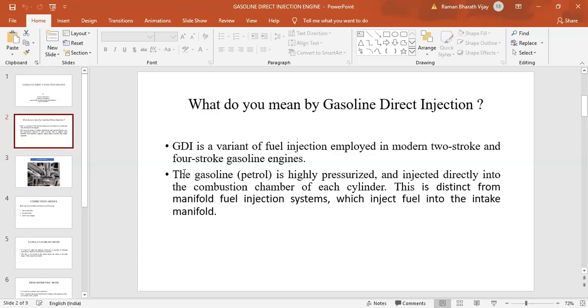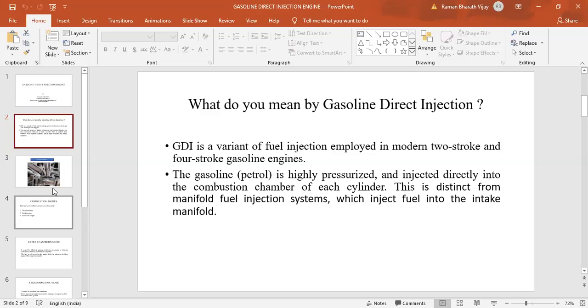In a manifold fuel injection system, we inject fuel in the intake manifold, whereas in a GDI, we inject fuel in the combustion chamber itself.